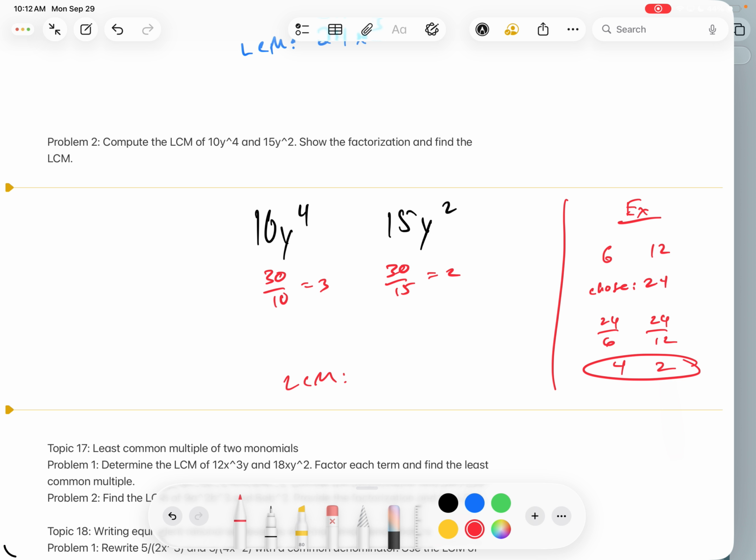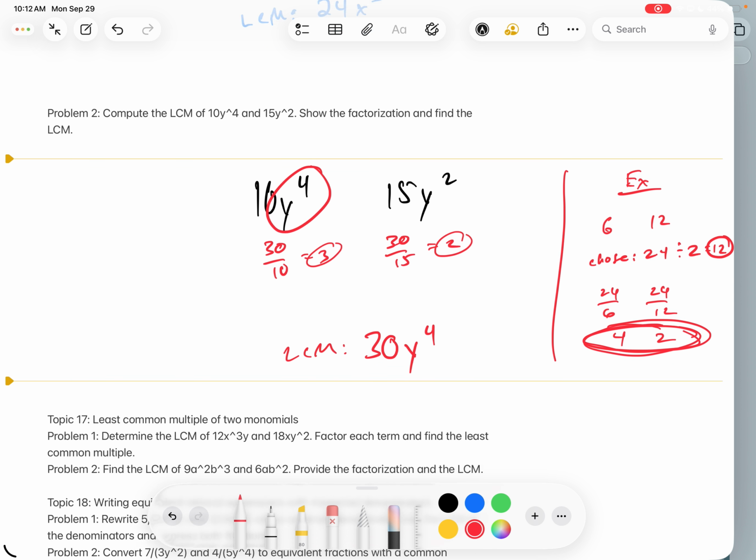Well, 4 and 2, I can divide both those by 2. That means I should divide that by 2 to get my least one. I didn't choose the least. If I can divide both those by something, then that means I didn't choose the least one. That's why I always do this to check. So 3 and 2, I can't divide by anything besides 1. So that means I do have the smallest common denominator, if that makes sense. If you ever divide it out and you get a number where you can divide both of them by 2, that means you didn't choose the least one. So my least common denominator here is 30y to the 4th. You take the biggest exponent.